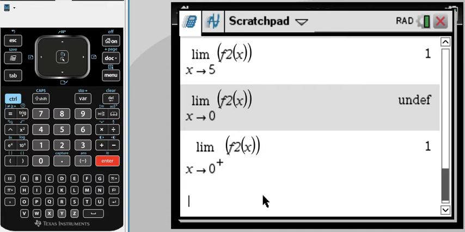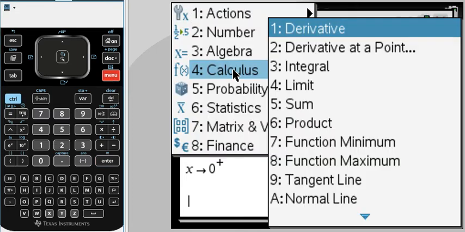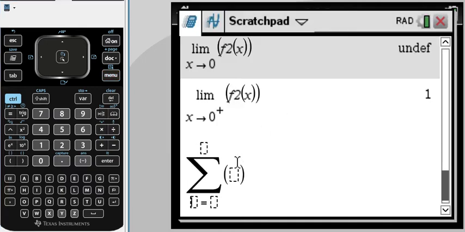Finally, summation. Summation's pretty easy. This is primarily a BC issue, but in case you ever need to do summations, that also happens in the calculus page. So if I go to calculus, I see the sum, and it gives me the big summation notation. Let's just make a problem up.